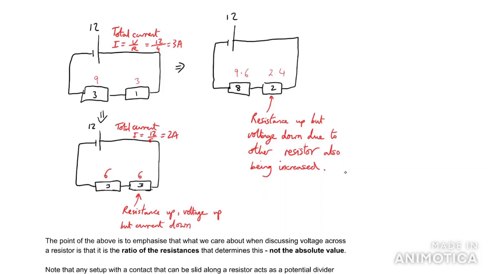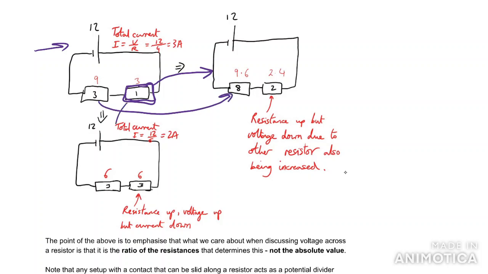we start off with a circuit like this, and a question might be, what happens to the voltage across here if we increase the resistance? In this diagram, we've increased the resistance of the component, but the voltage has gone down because we've also increased this other resistance.